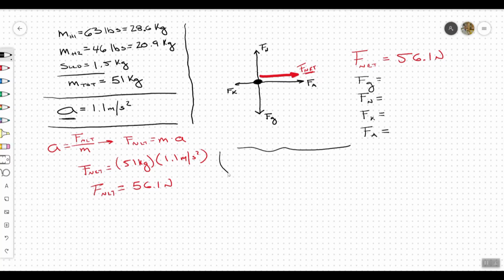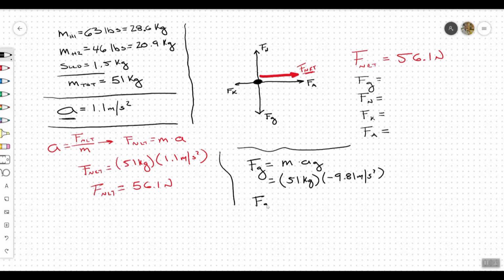The easiest one is going to be the force of gravity. It's just the total mass times the acceleration due to gravity. So 51 kilograms times negative 9.81 meters per second squared.